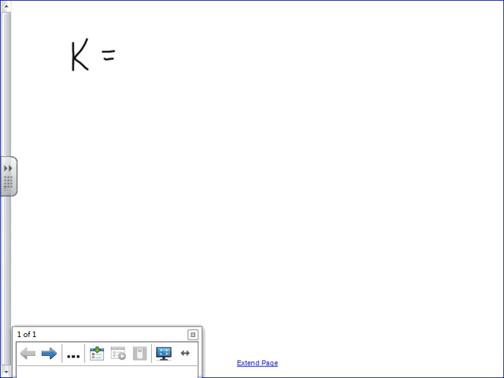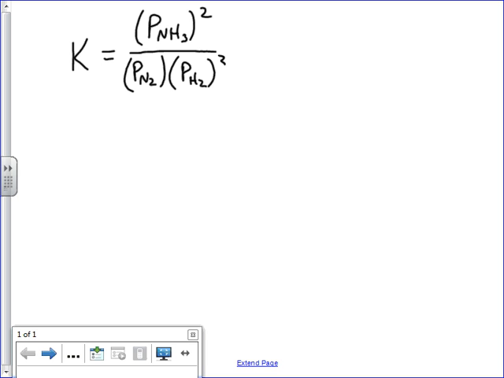So we'll say pressure of NH3. Do I need to do anything to that? Need to square it because it's got a coefficient 2 in front of it. And then divide that by the N2 and the H2. So the pressure of the N2, and that's just to the first power, and then the pressure of the H2 is to the third power. All right? So there is our equilibrium expression.